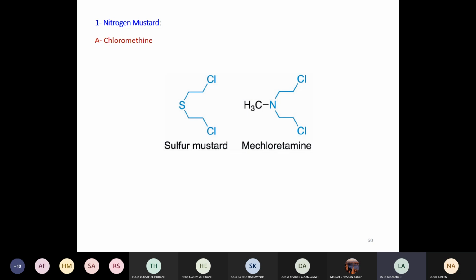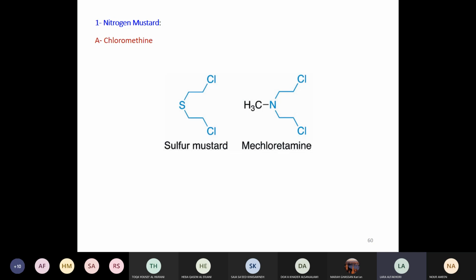What they noticed is that those victims who were exposed to mustard gas, if they survived the gas, would eventually develop lymphomas and leukemias. Knowing that it is a cancer-causing agent means it's altering the DNA, or in other words it's a cytotoxic drug.